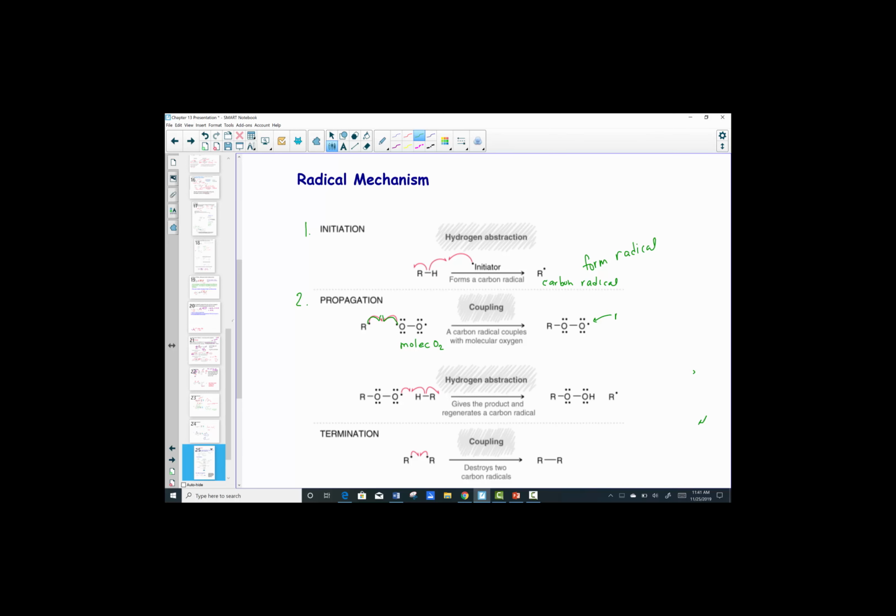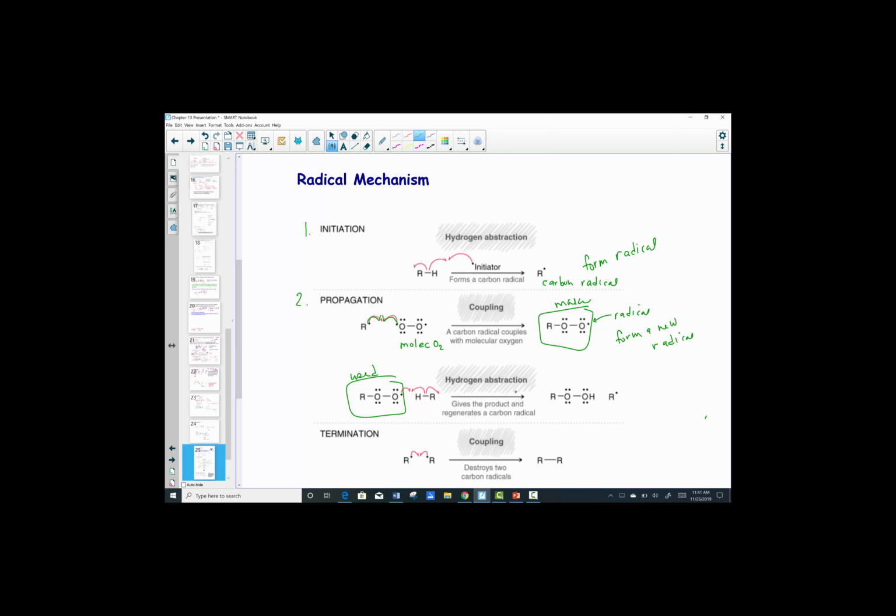Notice it's still a radical because the second site of oxygen there is still unpartnered. So in propagation, we form a new radical that then completely gets used up in the next step. So what's made in this step gets used immediately in the next step. So you make it, step 1, use it, step 2.